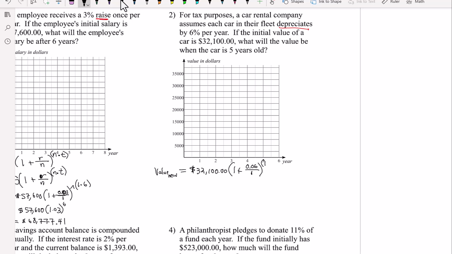And then 1 times 5 years old. So you just plug all that in. 32,100 times 1 plus 0.06 is 1.06, raised to the 5th power, because 1 times 5 is 5.